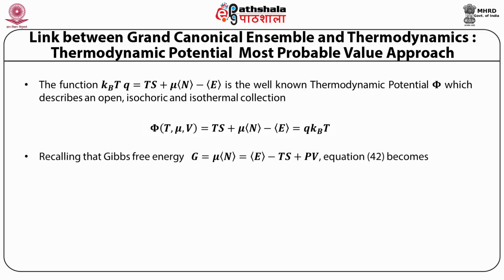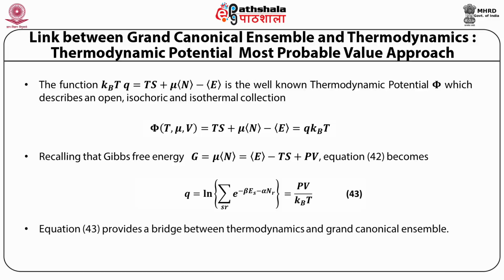Recalling that Gibbs free energy G is equal to mu times the mean number of particles, which is equal to the mean value of energy minus TS plus PV, equation 42 becomes Q is equal to log of the summation over S, R of e raised to the power minus beta Es minus alpha Nr, which is equal to PV upon kBT. Equation 43 provides a bridge between thermodynamics and the grand canonical ensemble.